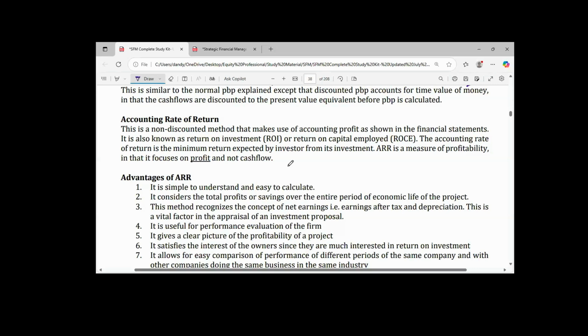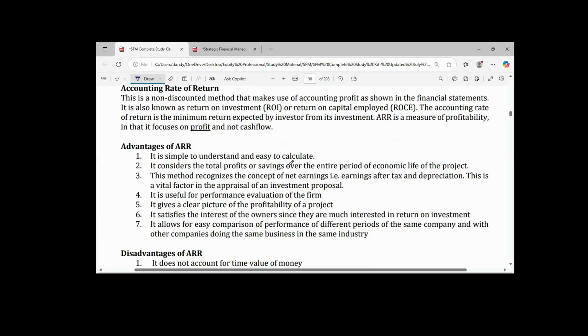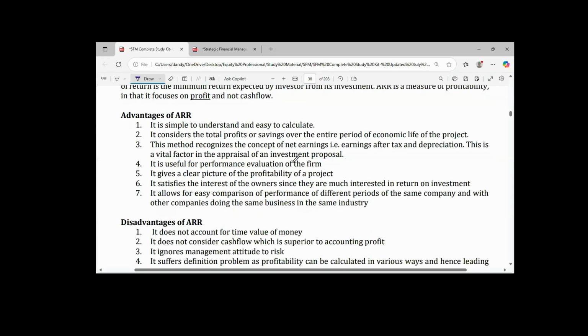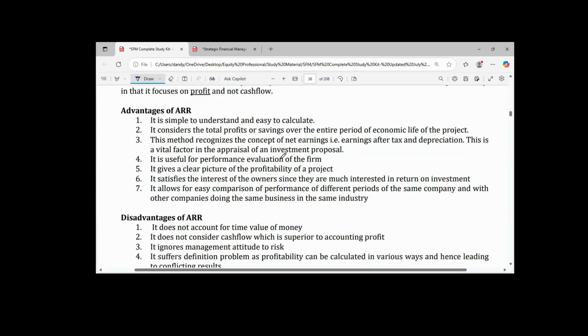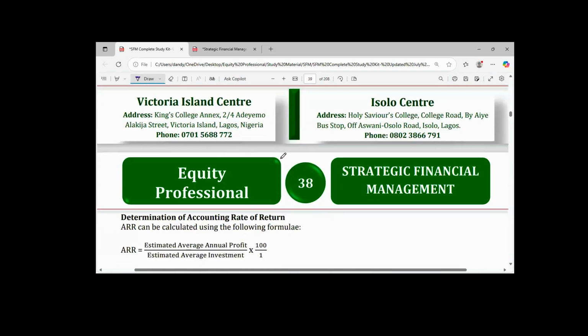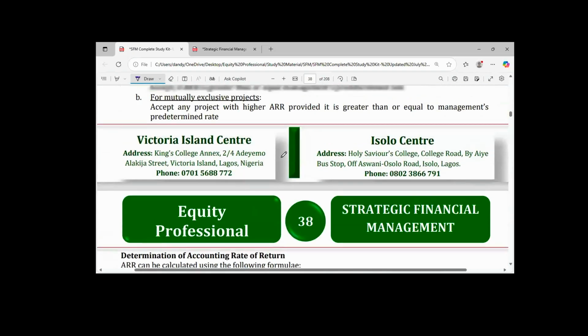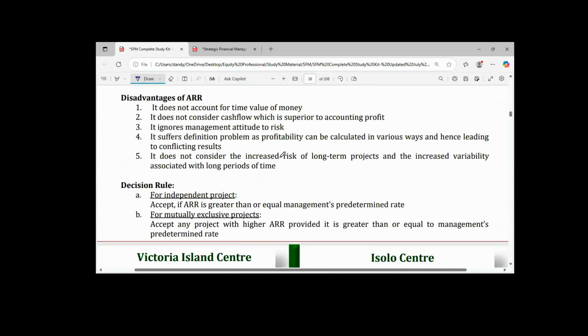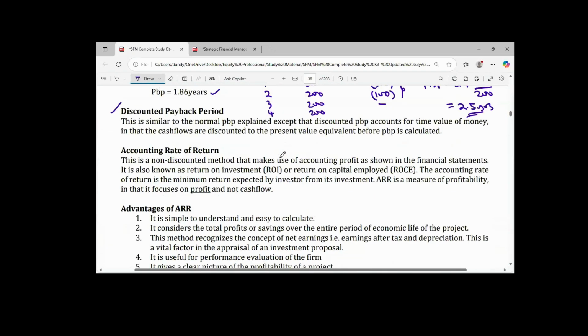So in the calculation of accounting rate of return, accounting profits, accounting information is used. So where cash flow is given to you, you need to convert the cash flow to accounting information. How do you convert cash flow to accounting information? Just the same way I did for you the other time.